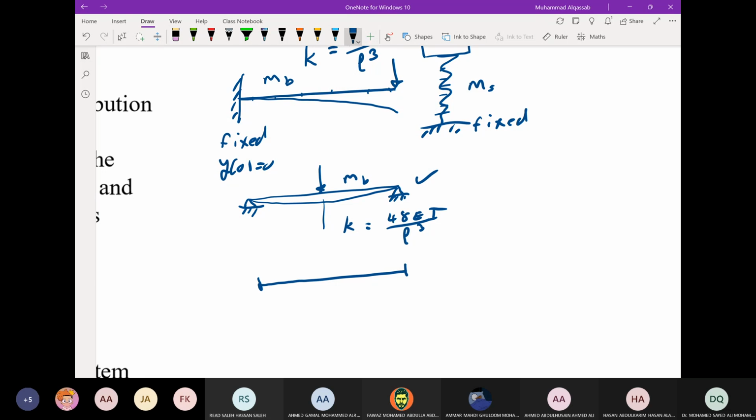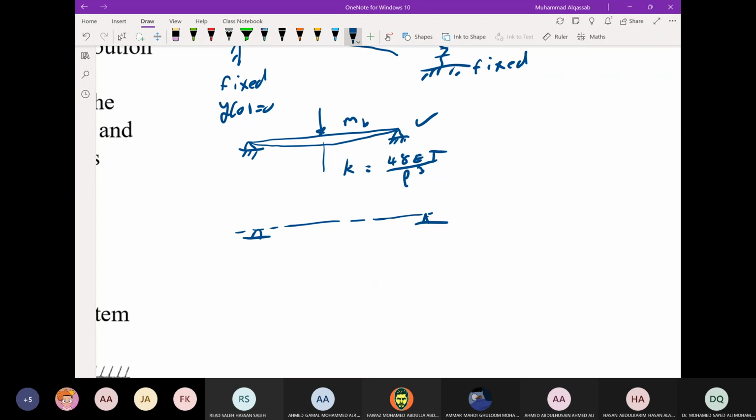So it can vibrate as a half sine wave, below and above the equilibrium line. All points on the beam move downward or upward, so it is vibrating up and down above and below the equilibrium line, and this is called the first mode.